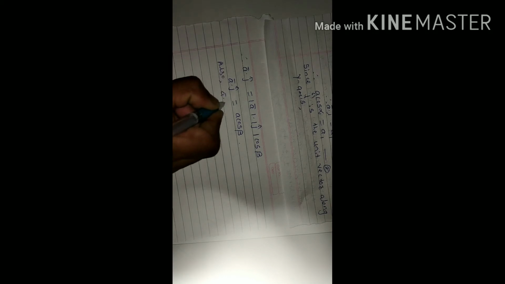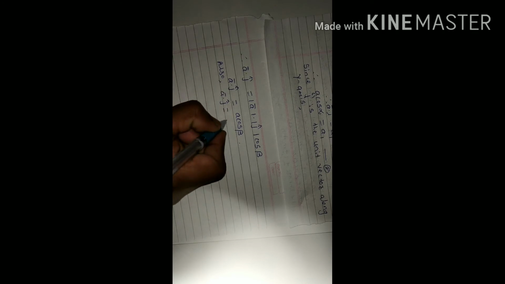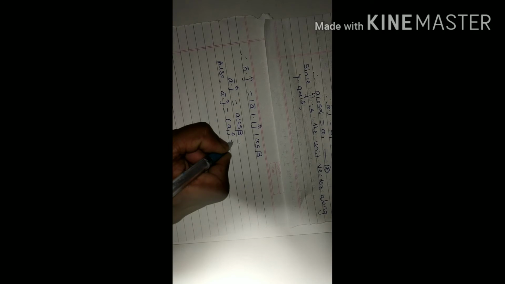We also write A bar dot J cap as A1 I cap plus A2 J cap plus A3 K cap dotted with J cap, that is A1 into 0 plus A2 into 1 plus A3 into 0, which gives A2.